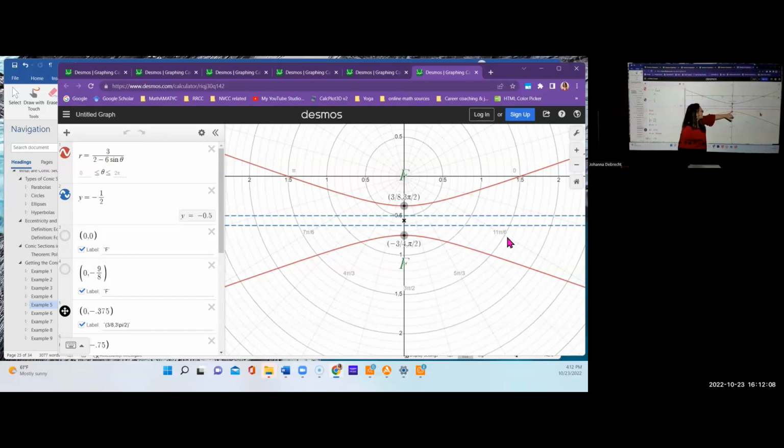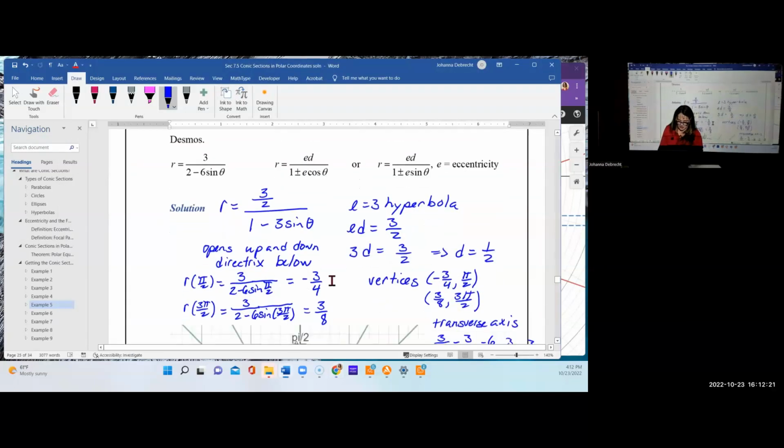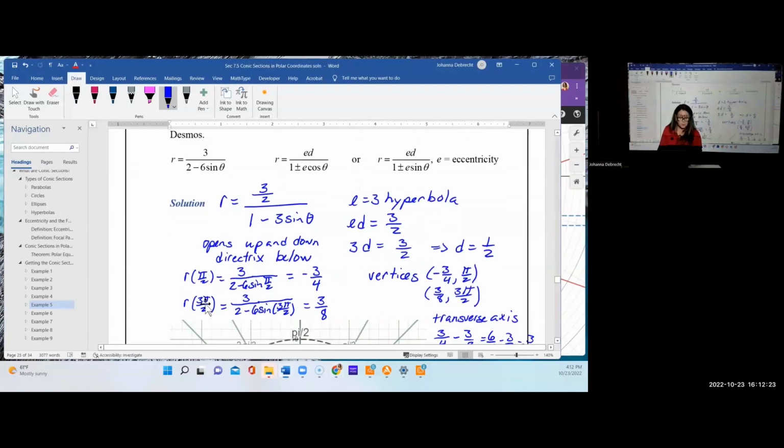Now we need to locate our major and minor vertices. They're going to be along this pi/2, 3pi/2 line because it's sine, so it opens up and down. So we come back over here and plug in pi/2 and 3pi/2 into either the original or the working form, and we get two vertices, -3/4 at pi/2 and 3/8 at 3pi/2.